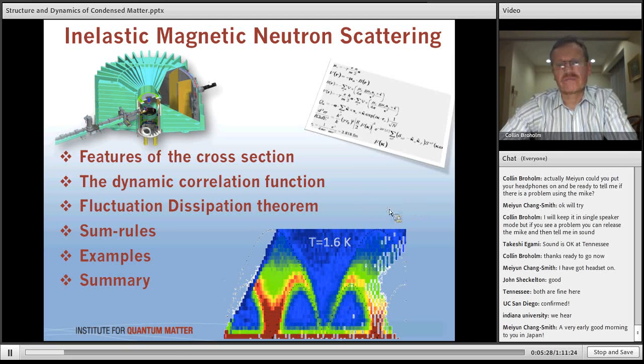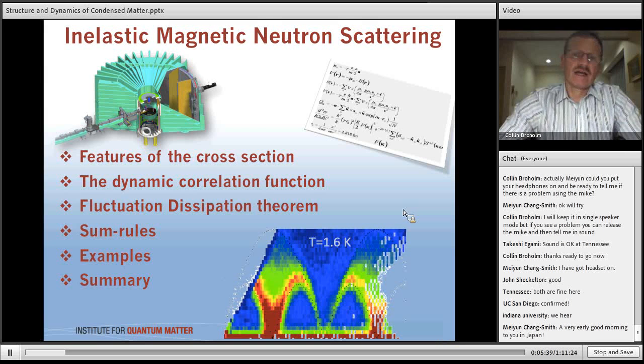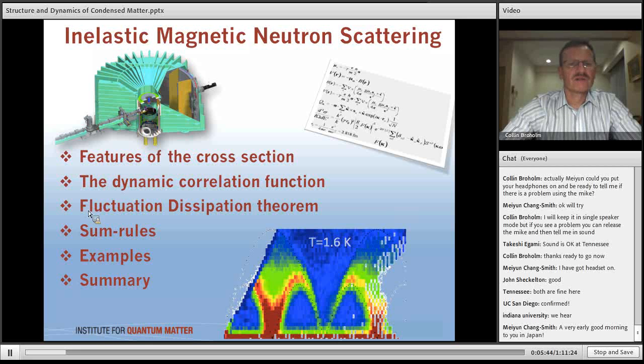It's evaluated at position L and position L prime, and there is a time that shows up because this correlator is a two-point space-time correlation function. And as we mentioned previously, we measure momentum transfer and energy transfer, and they become the conjugate variables to position coordinates and time coordinates. So we have to look at the information in Q, omega space, but we have this expression to bring us back to real space and real time if we want that.